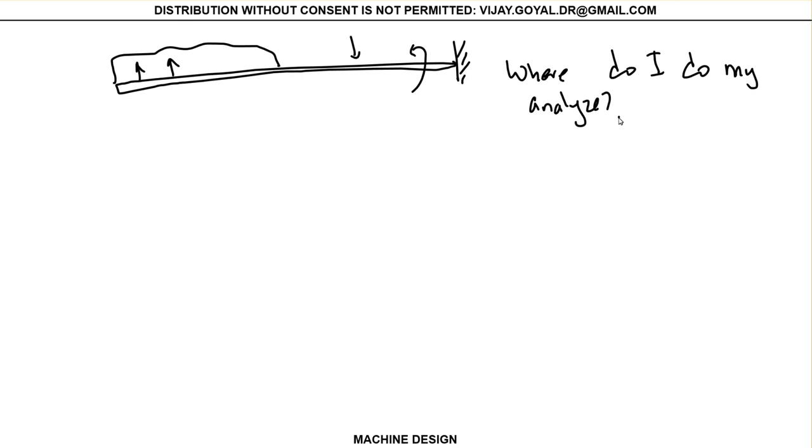If there was a way to find where the critical location is, and I did the analysis at the critical location, then I can say that if I do everything there, I'm sure the rest of my structure will be safe. So where do I do my analysis? The answer takes us to the next point: your analysis is done at the critical location.